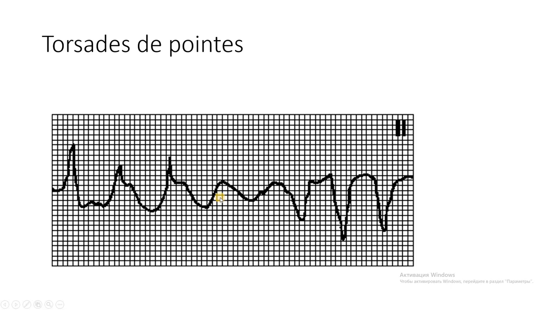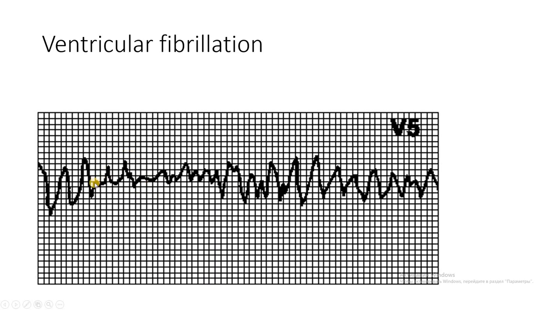Arrhythmias can lead to death of patients. Ventricular fibrillation, instead of normal QRS waves we can see waves of different sizes and shapes, and this is also dangerous. This can lead to death of patients.